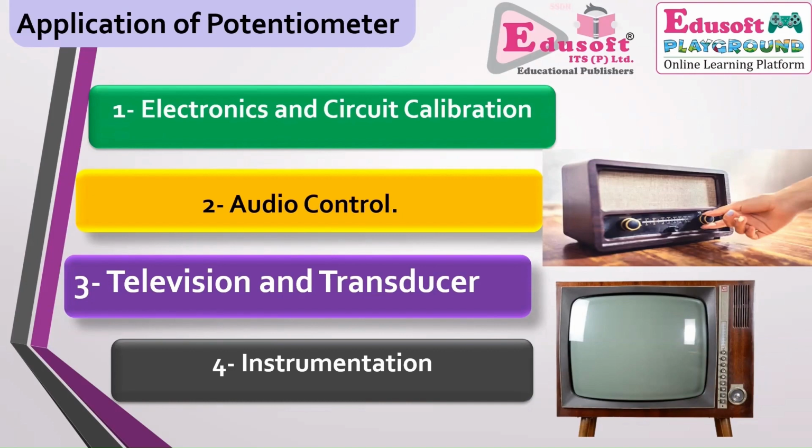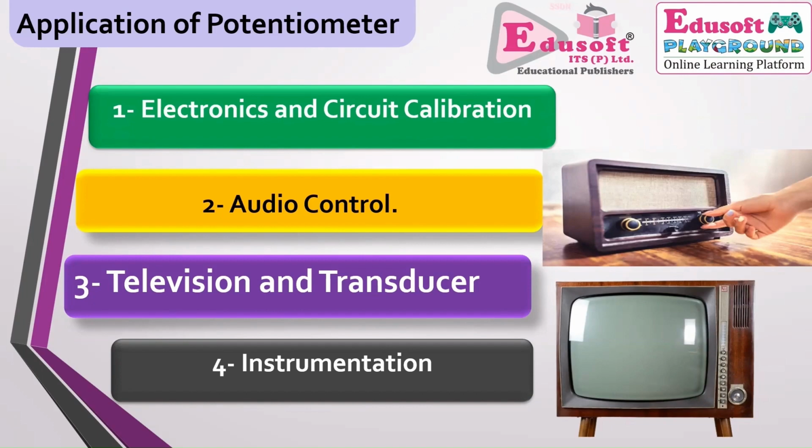In these devices, you can use the potentiometer, like audio control. In television and audio equipment, you can see the knobs. With the help of the knob, you can control the volume or the brightness. In the television you can change the brightness.